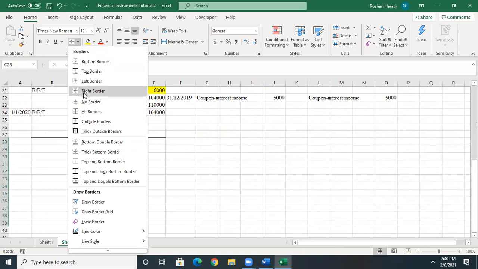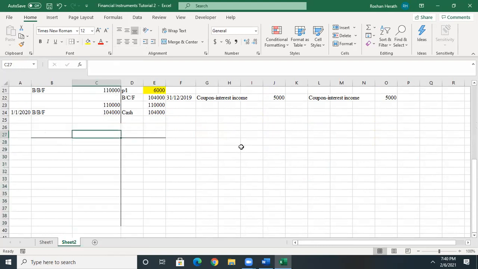Right? Okay. So this is about the investment in bond. It's a financial asset at fair value through other comprehensive income. Okay.